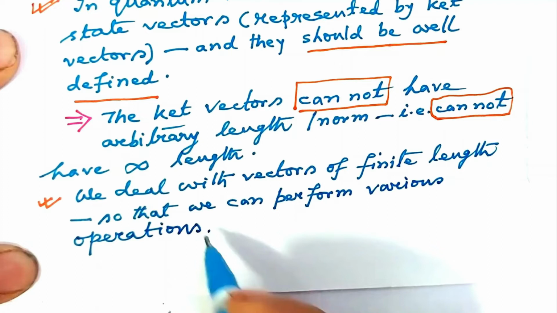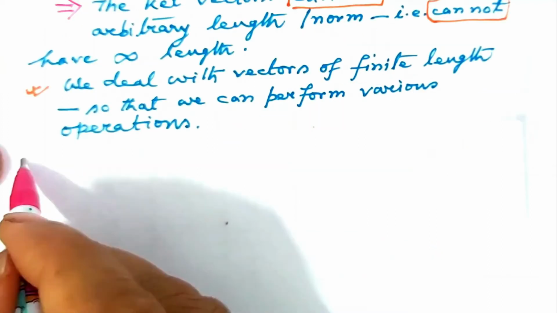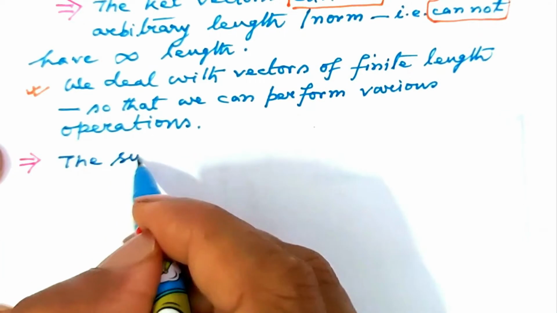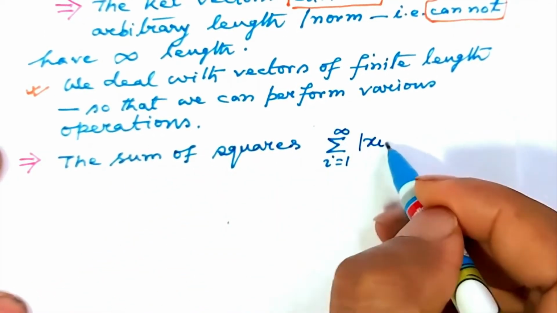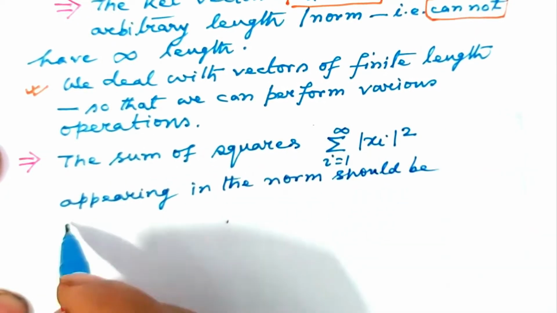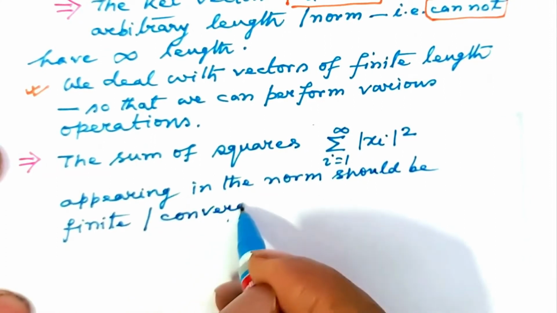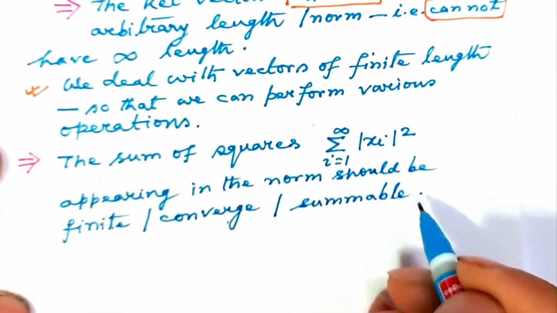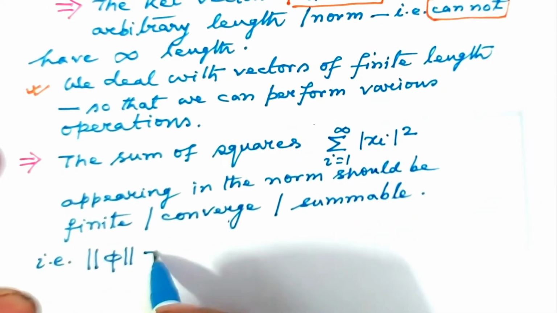And so we have to ensure that things do not go out of hand and become arbitrary or undefined or infinite. The result after calculations should be necessarily finite so that we can lay our hands on them, write them down. Hence, the summation over squares appearing in the norm should be finite. The infinite series should converge. In other words, the infinite series should be summable, should give a well-defined result.